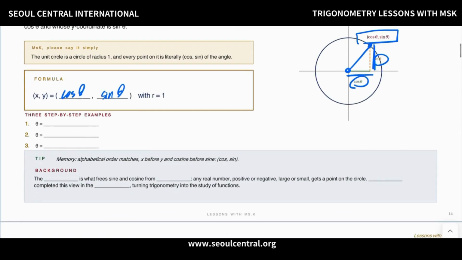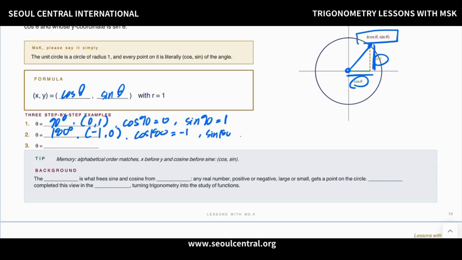So let's do a few examples. At 90 degrees, the point would be (0, 1), or cosine 90 would equal 0, and sine 90 would equal 1. At 180 degrees, the point would be (-1, 0), or cosine 180 would equal -1, and sine 180 would equal 0.